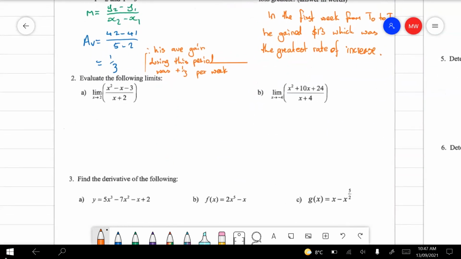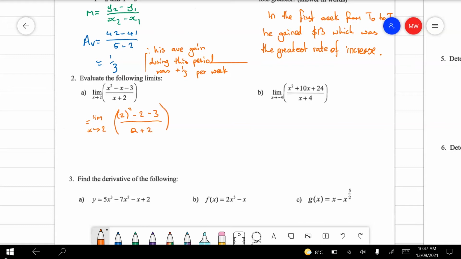Question 2, we're looking for some limits here. So this is just substitution really, the first example. As x approaches 2, all we do is take this formula and substitute 2 in. So we are looking for 2 squared minus 2 minus 3 all over 2 plus 2.